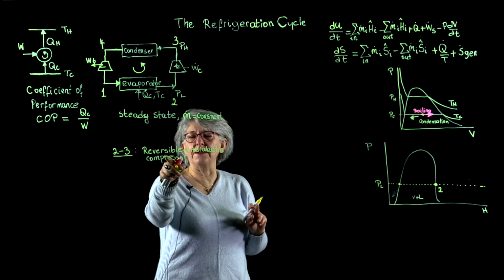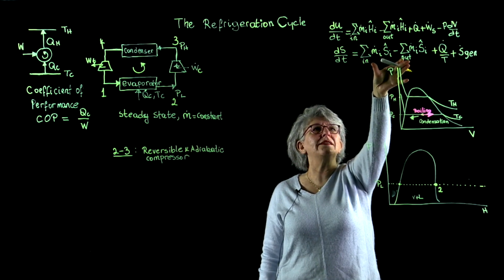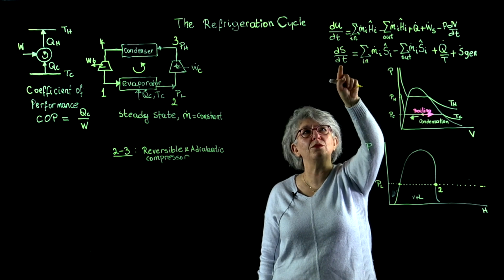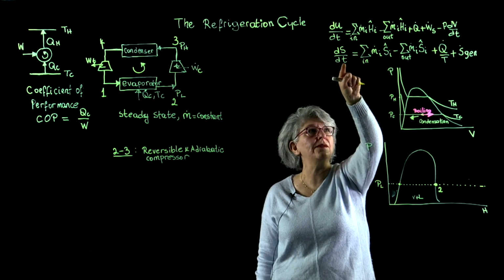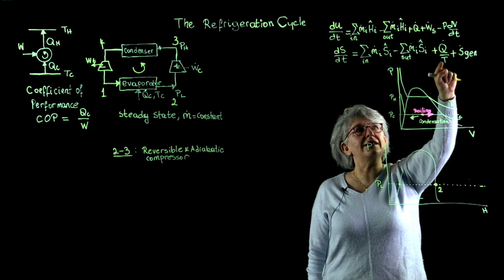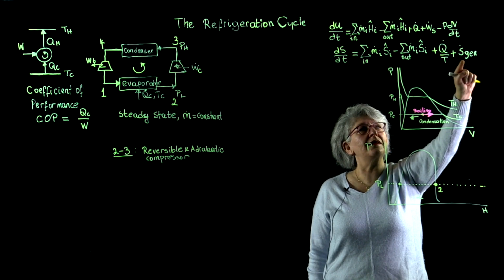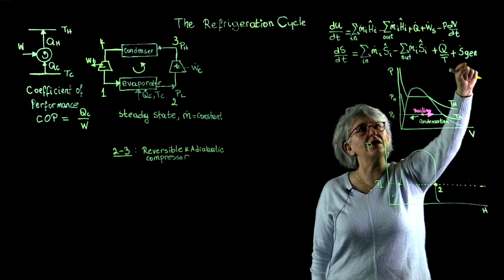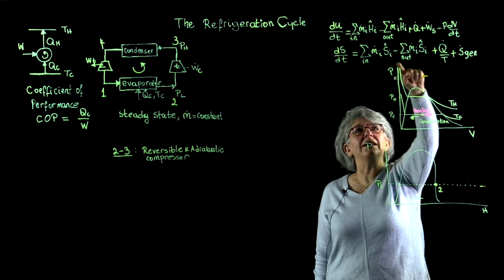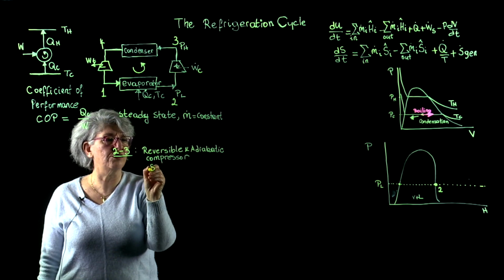The reversible and adiabatic condition apply to the entropy balance along with the steady state condition. That my term here, ds over dt, disappears. Adiabatic condition indicates that I lost this term. Reversibility reflects that I lost this term. And as a result, in my compressor, S2 is equal to S3.